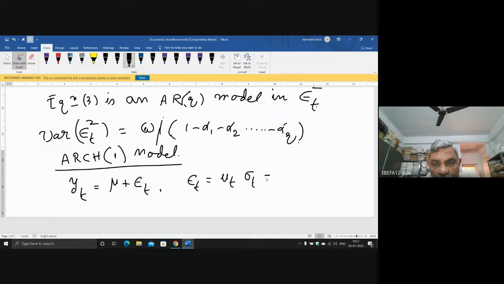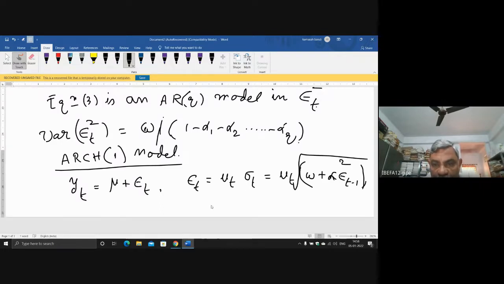If you recall the previous step, sigma t square is nothing but omega plus alpha epsilon square t minus 1. Since it is sigma t, you take the square root of this.